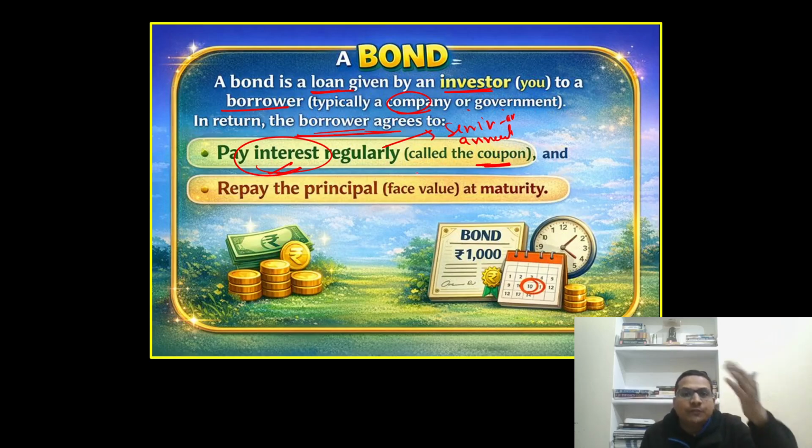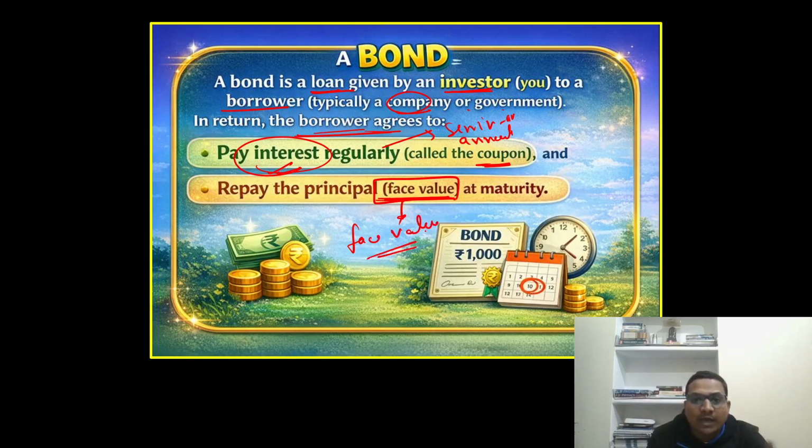And once the maturity, once the time period of the agreement is over, the borrower, that is your company or government or any individual who has borrowed that money, will repay the amount of money which he or she has taken from you, which is called your face value. And it will return it to you at the time of maturity. So this is the basic of your bond.